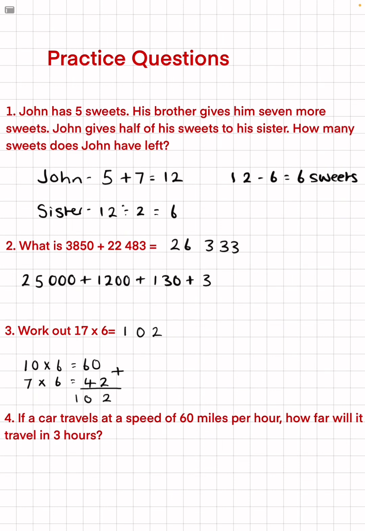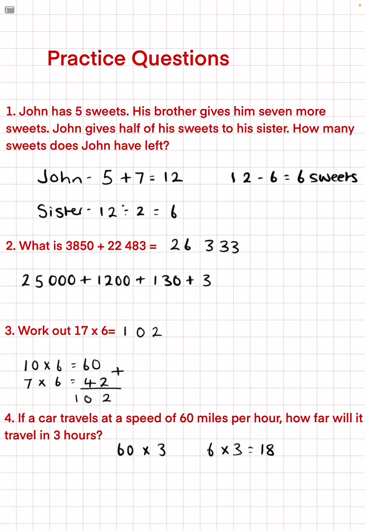Question 4 says if a car travels at a speed of 60 miles per hour, how far will it travel in 3 hours? The calculation is 60 multiplied by 3. To make this calculation easy, we can make this number 10 times smaller by dividing by 10. If we divide this by 10, we're left with 6 times 3, which equals 18.